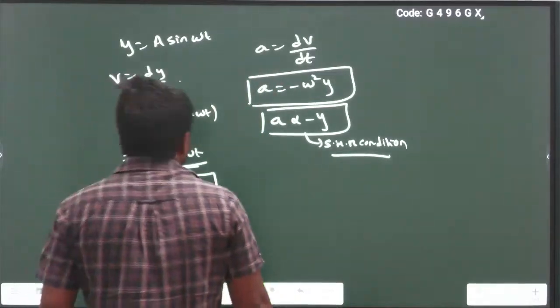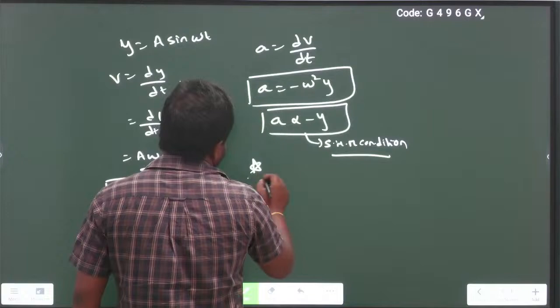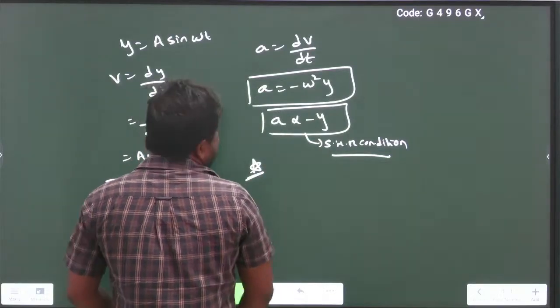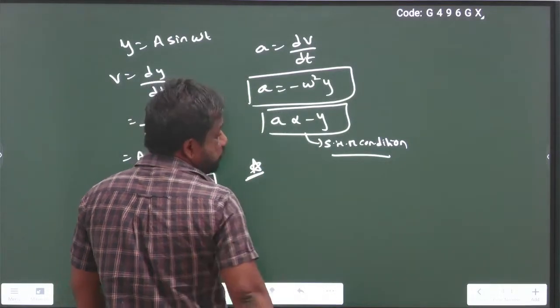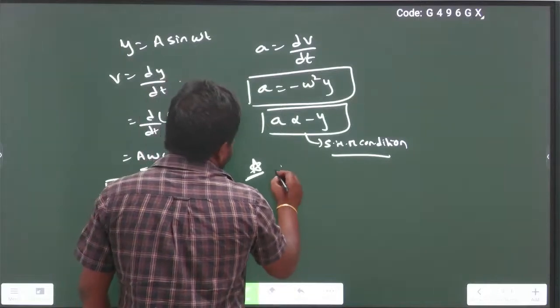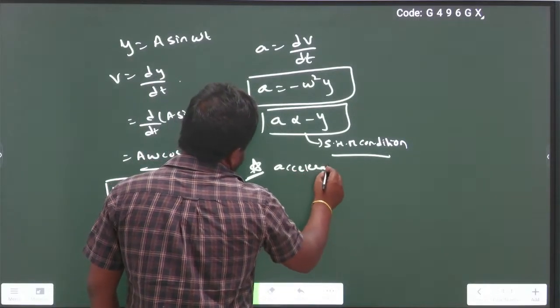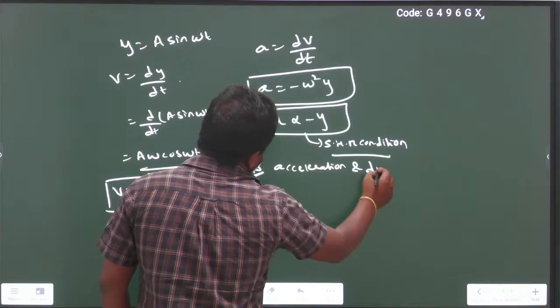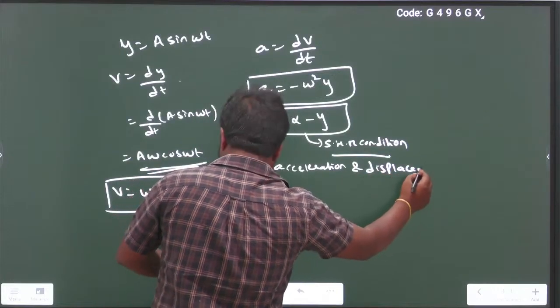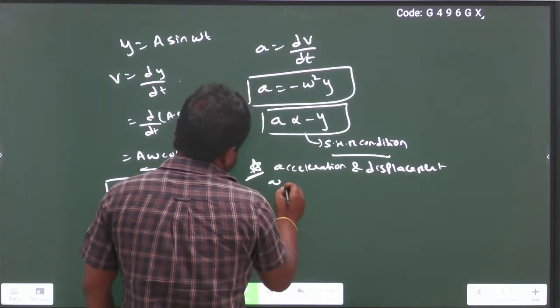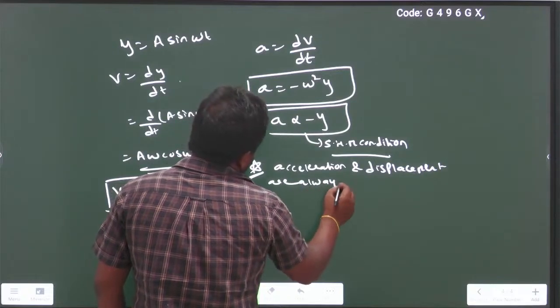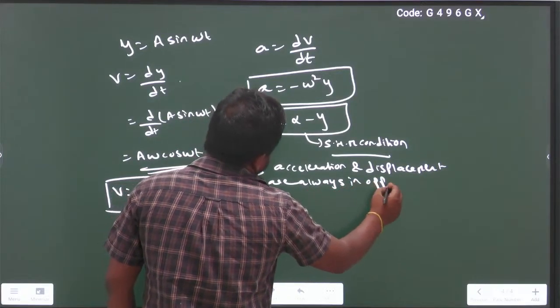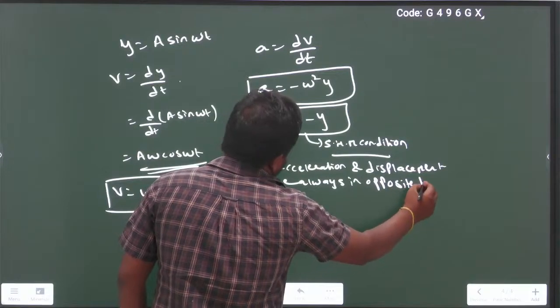From this we can write a statement: if any equation satisfies this condition, then only it is said to be SHM. A is directly proportional to minus y. Acceleration and displacement are always in opposite direction.